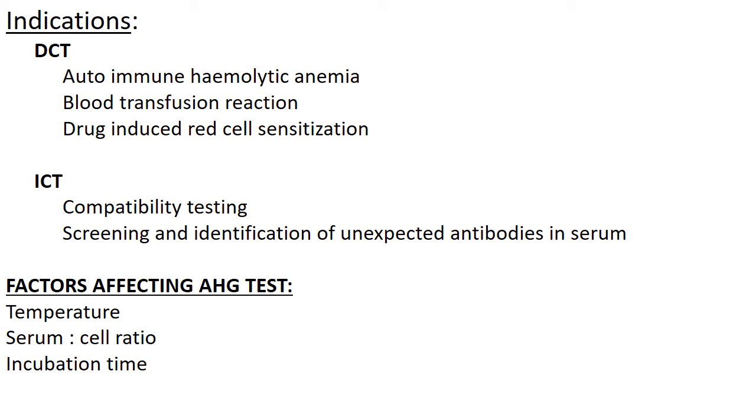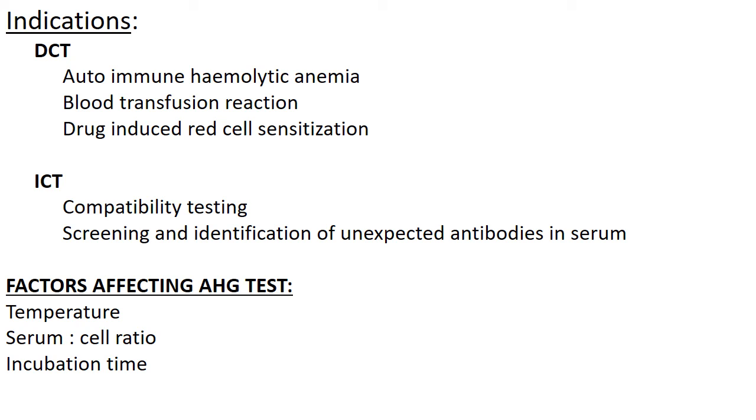The factors which affect the anti-human globulin test: the first one is temperature. The optimum temperature for the Coombs test, especially the indirect Coombs test, is 37 degrees centigrade. Incubation at a lower temperature can reduce the sensitivity, while a higher temperature will damage the red cells.